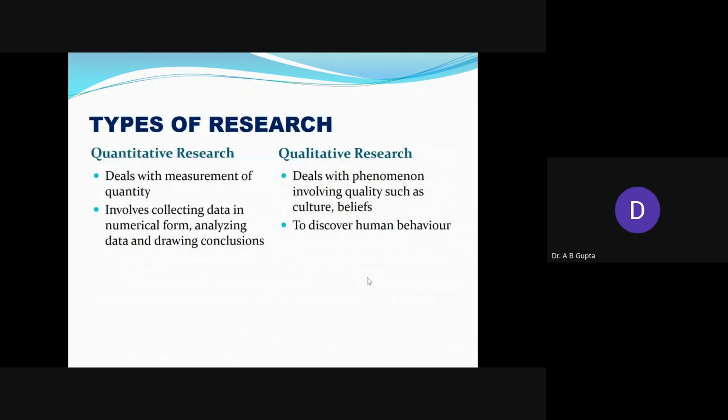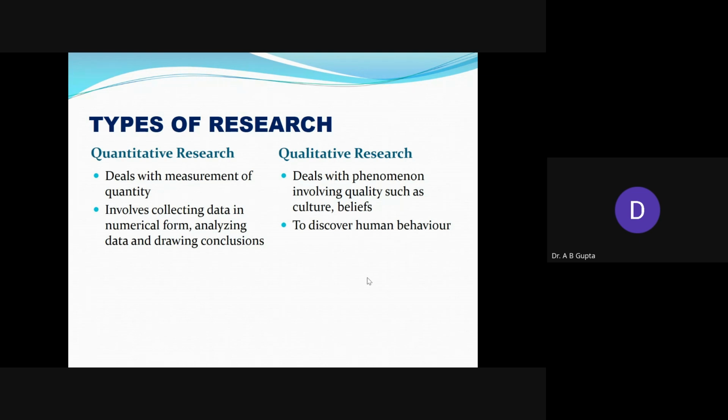You are experimenting, and making use of data and your experiences and observation. So that is empirical research or experimental research. Okay. And then we come to another category of research, that is quantitative and qualitative.